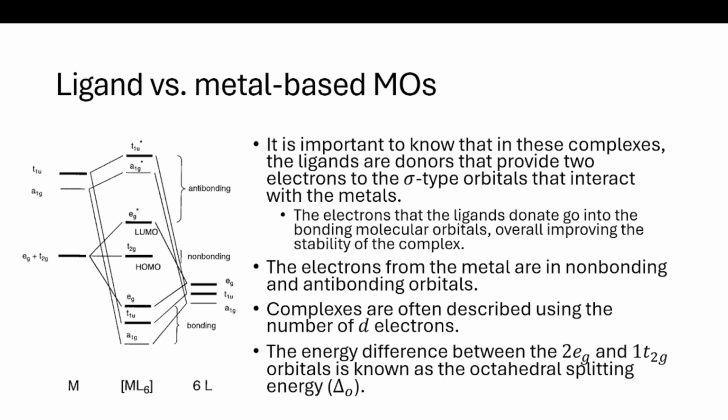And that's because T2g is the highest occupied molecular orbital, and Eg will be the lowest unoccupied molecular orbital. And so the gap between these molecular orbitals, known as the octahedral splitting energy, will affect the physical and chemical properties of these complexes. This will be later explained when we talk about crystal field theory.